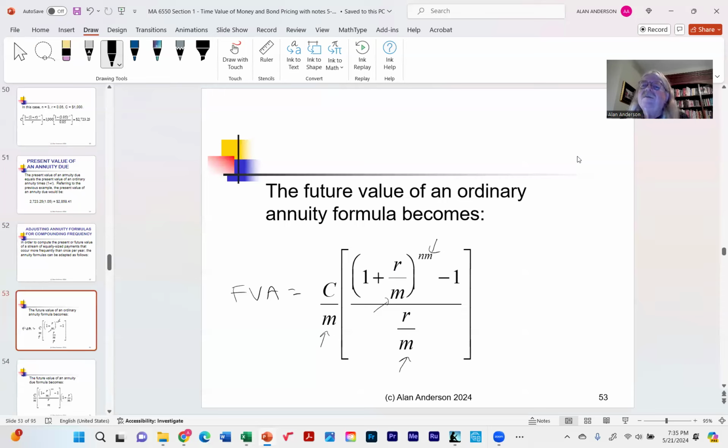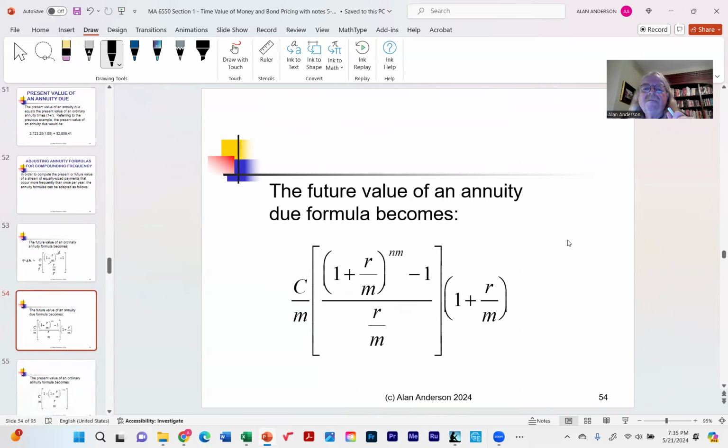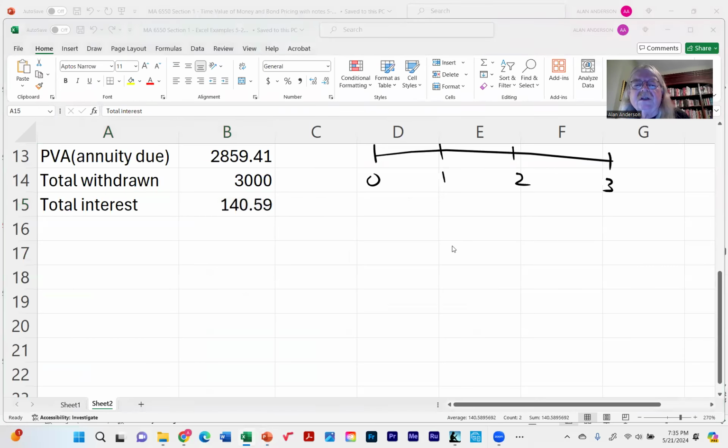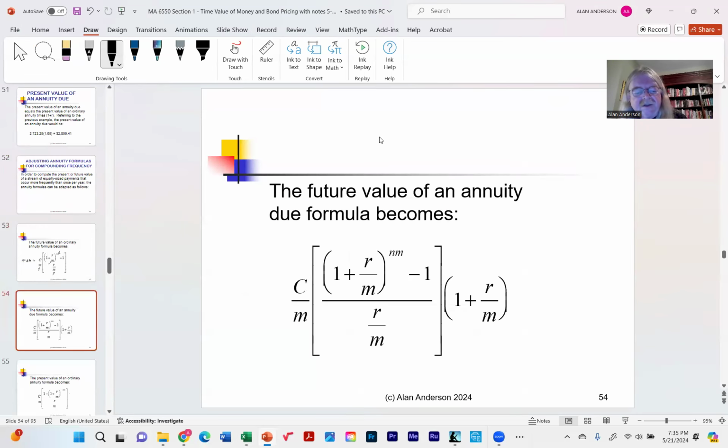Okay, so that would make it an ordinary annuity. The rent, on the other hand, is due at the beginning of the month that you're going to live in this apartment that you're living in. So in that case, you can think of your rent as an annuity due. And if it's an annuity due, notice the only difference here is that instead of multiplying by 1 plus R, like we did a little while ago, that has to be adjusted as well.